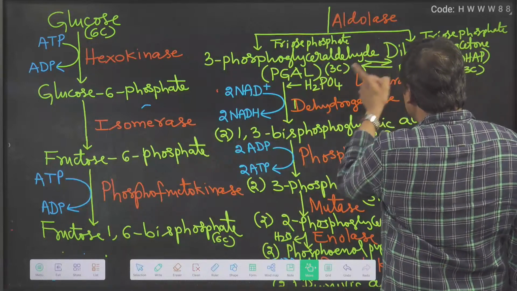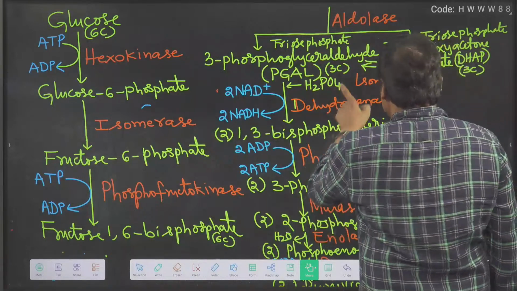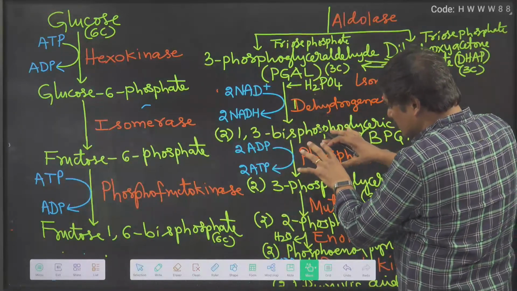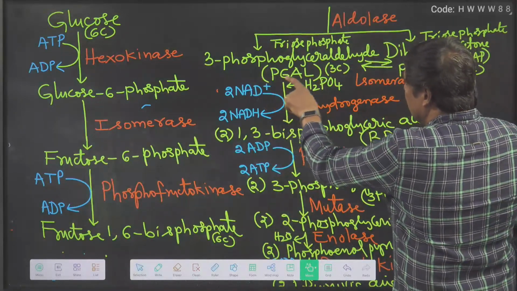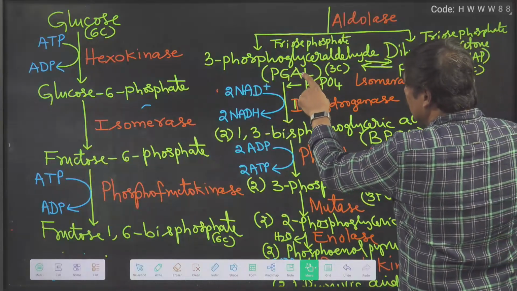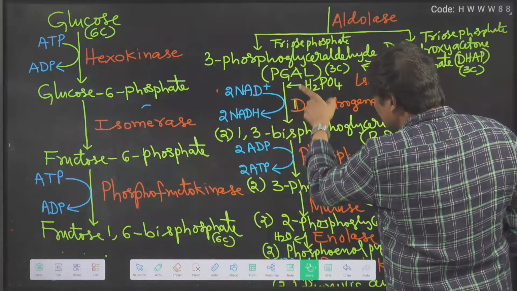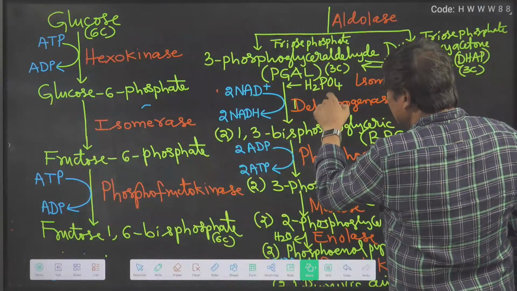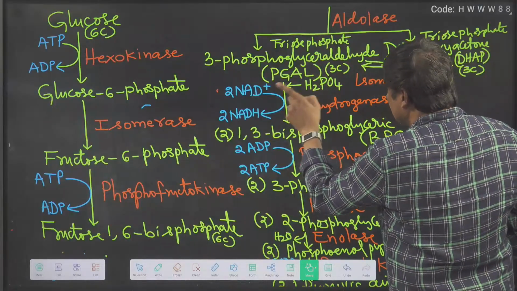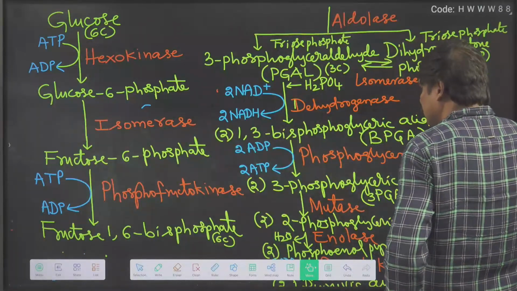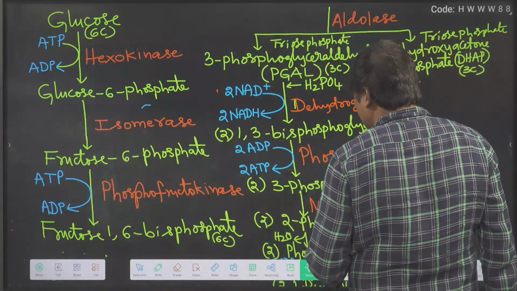Those are interconverted by an enzyme called isomerase. And now here you have to focus, right? PGAL undergoes oxidation followed by phosphorylation, but the phosphate donor is not ATP but inorganic phosphoric acid, that is H2PO4.